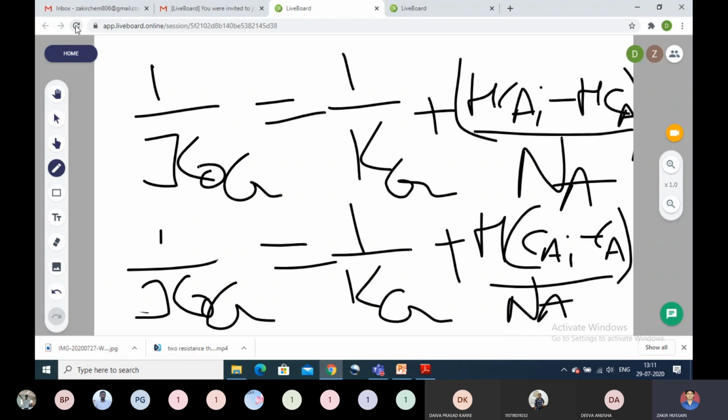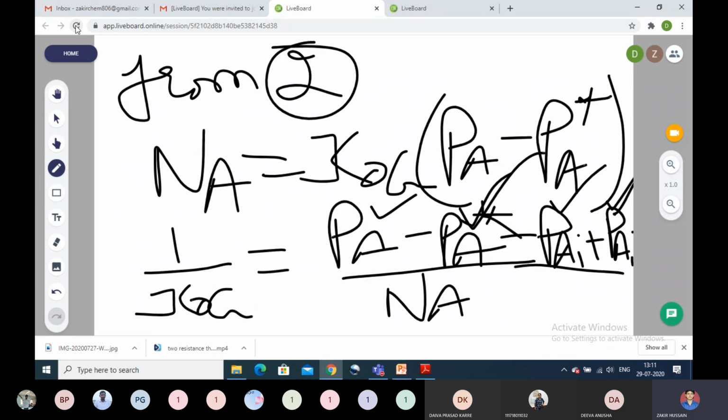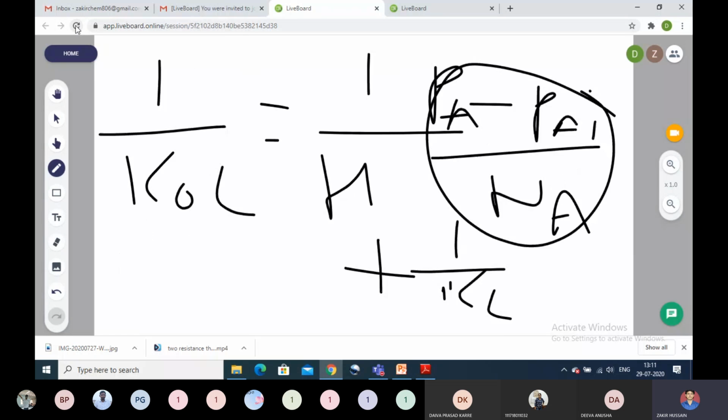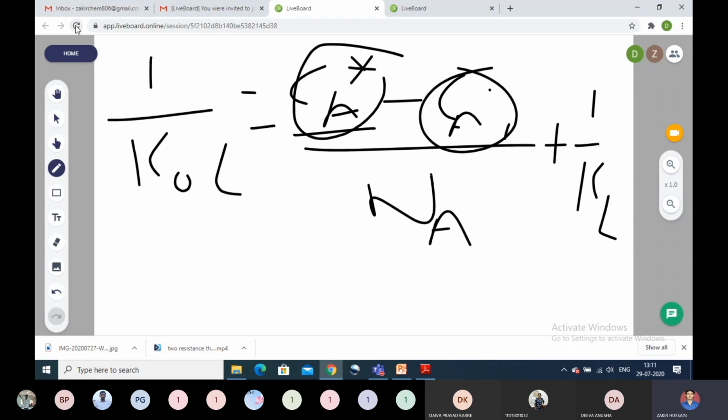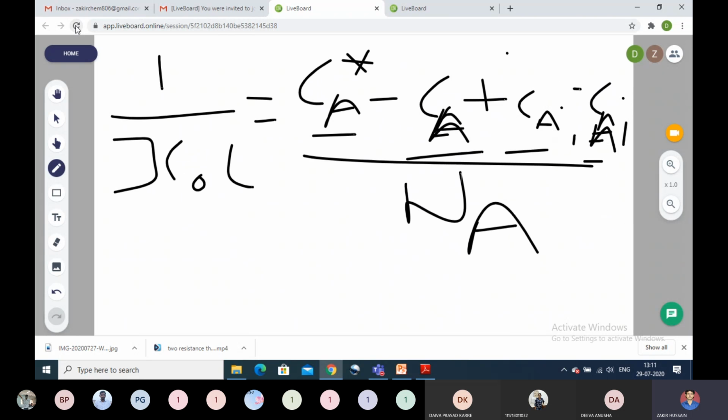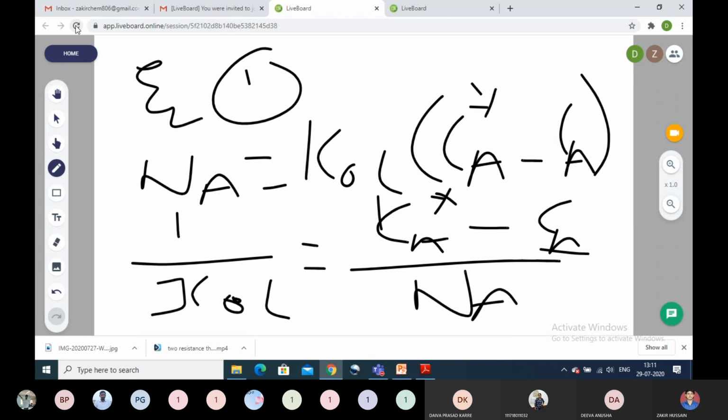Now from the previous equation, CAI minus CA by NA, we can substitute 1 by KL from equation 4.